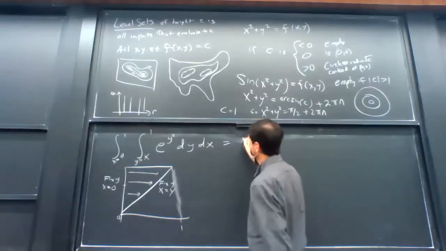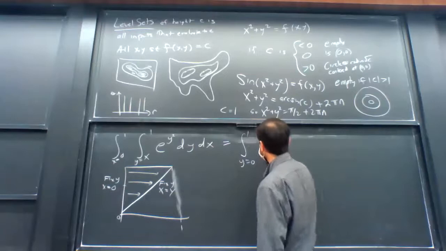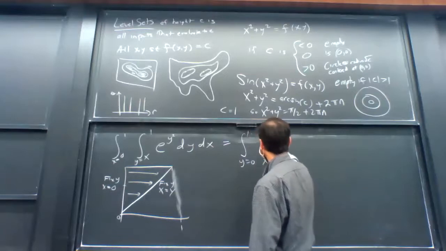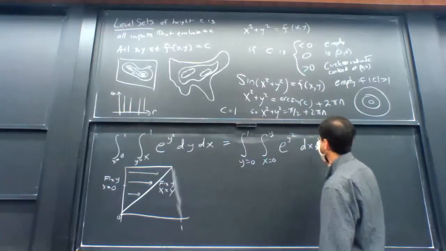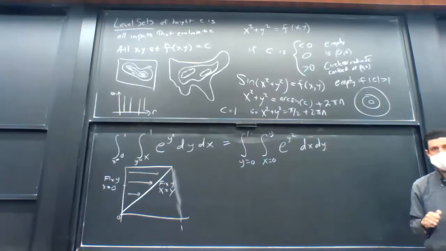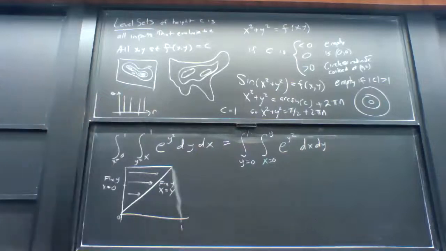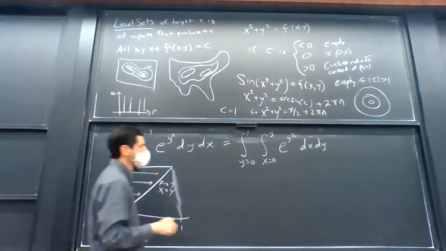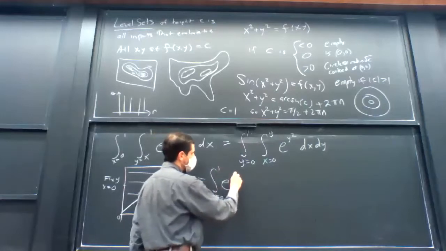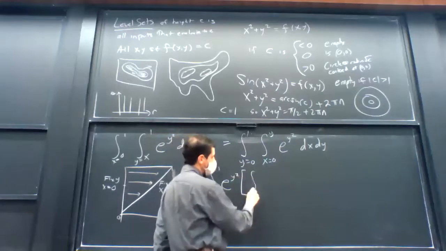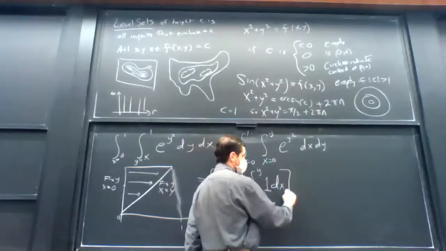And so this is the same as the integral y goes from 0 to 1, integral x goes from 0 to y, e to the y squared dx dy. You can possibly begin to see that this integral has been cooked up to be nice. So this is the same as the integral y goes from 0 to 1 of e to the y squared, and then I have the integral x goes from 0 to y of 1 dx dy.